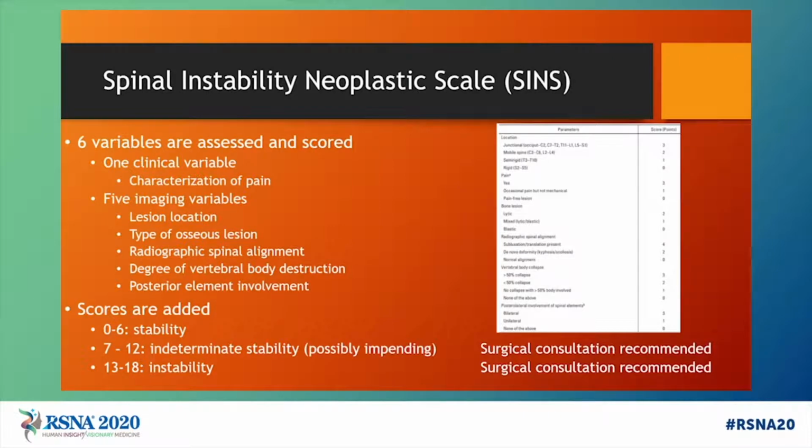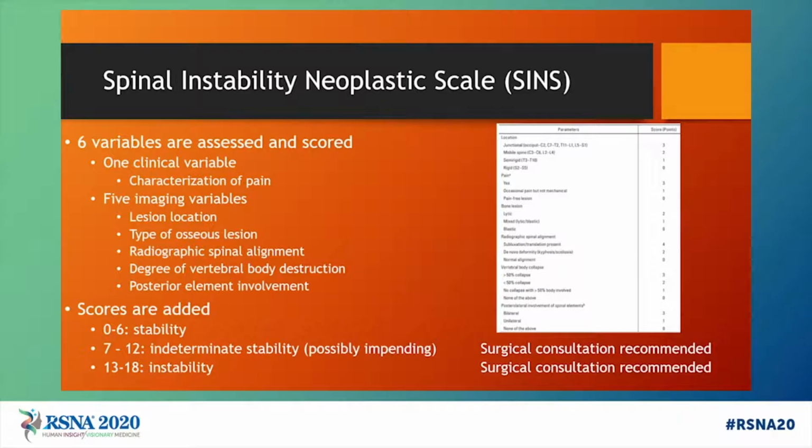These scores are added. Low scores, which indicate stability, range from 0 to 6. Intermediate scores ranging from 7 to 12 are indicative of indeterminate stability, and high scores of 13 to 18 indicate spinal instability. The indeterminate and instability categories are often used to facilitate a recommendation for surgical consultation.